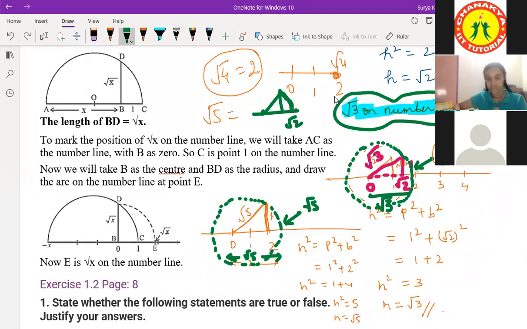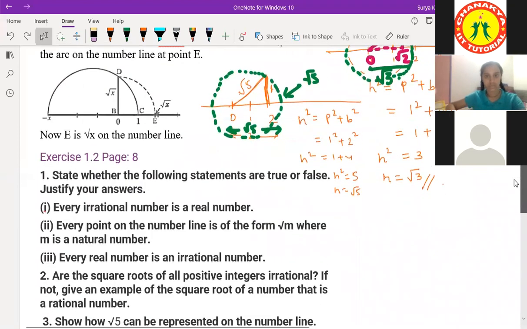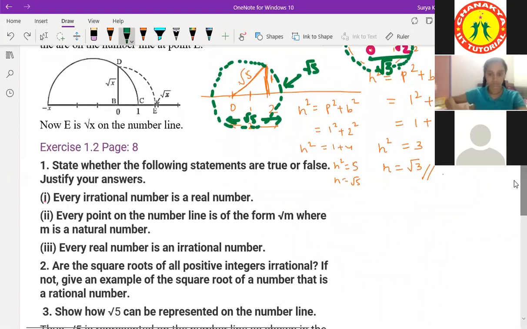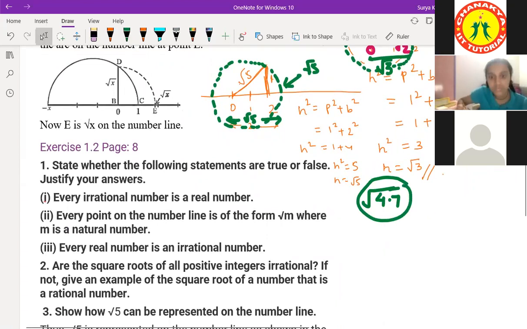Now suppose next question on the same type, but if I twist it, that is, you can draw here root of 4.7. How many of you can draw this? There are 5 people over here. Who can draw root of 4.7?